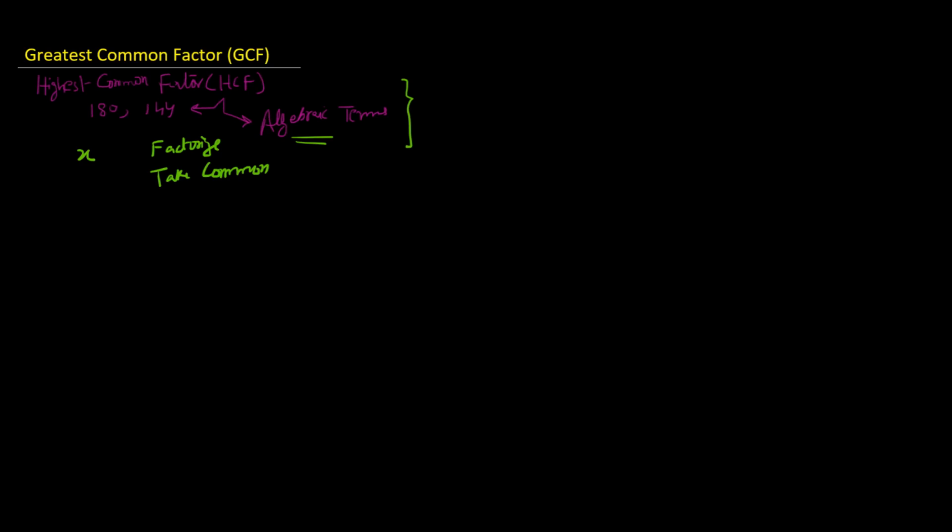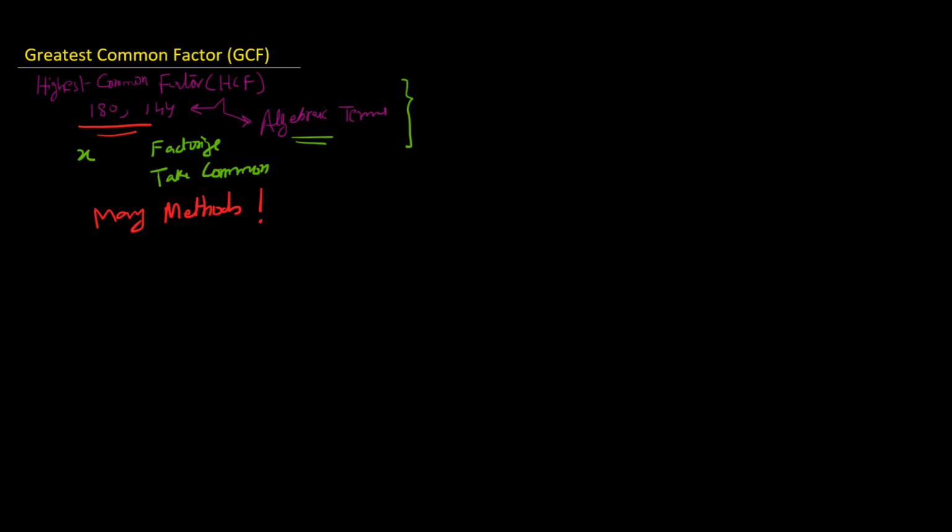Coming towards the numbers, there are many methods to find the greatest common factor. No method is good or bad. Whatever you like, you can use any of these methods. Whichever you find easiest, you can use that method and you will get the same result. But there are situations when one method will be a little bit easier to use, so I will try to highlight those things.